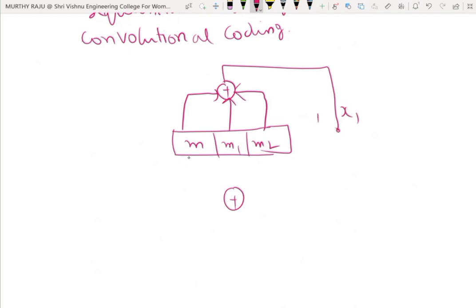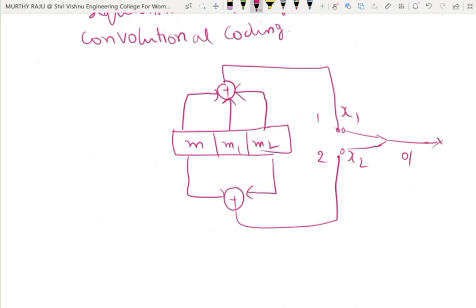Only M and M2 bits are connected to the second modulo 2 adder. The output of that second modulo 2 adder is X2. These two are sequentially extracted. One switch is used to select these X1 and X2 values. Therefore, the output of the convolutional encoder is X.